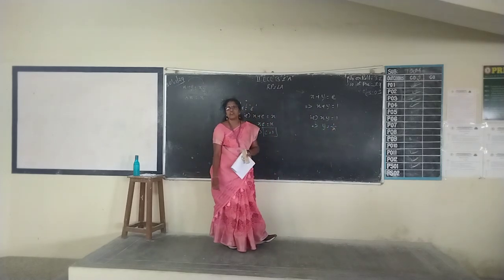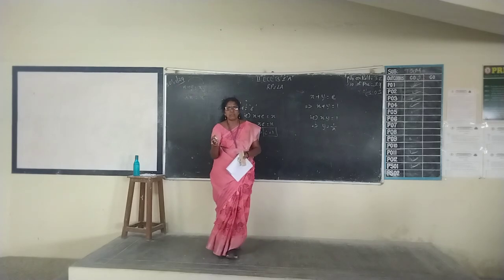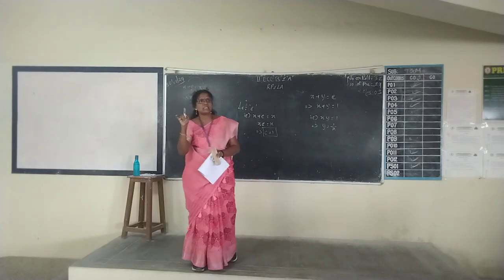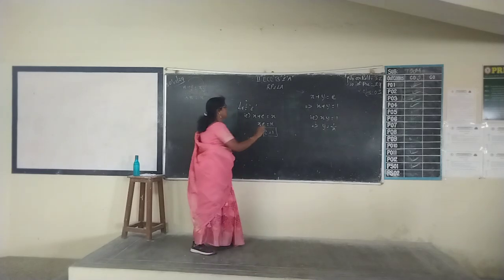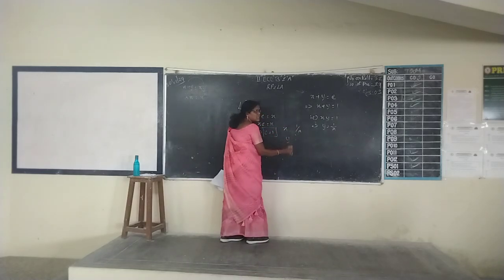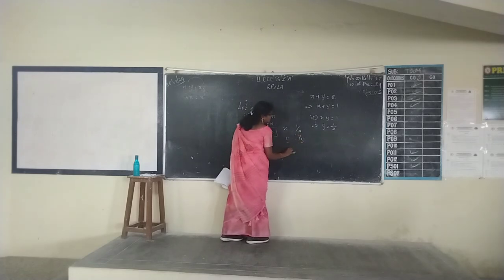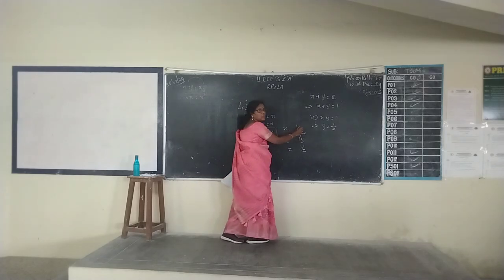So what is the inverse of x? 1 by x. What is the inverse of z? 1 by z. The inverse is unique for each element. For x the inverse is 1 by x, and for y the inverse is 1 by y. This is what our theorem meant: for each element there will be a unique inverse.